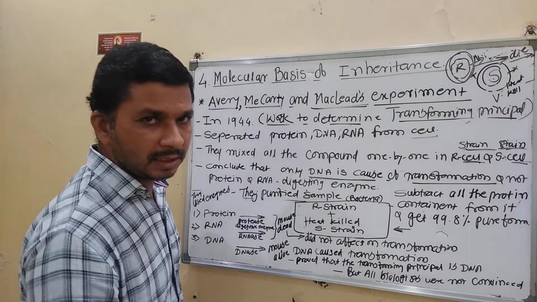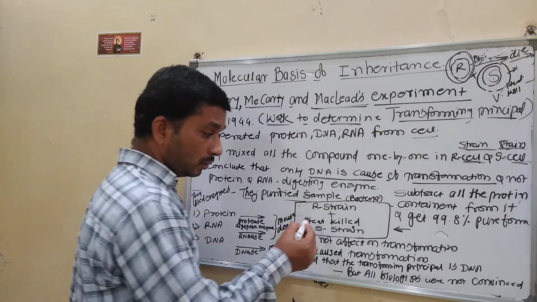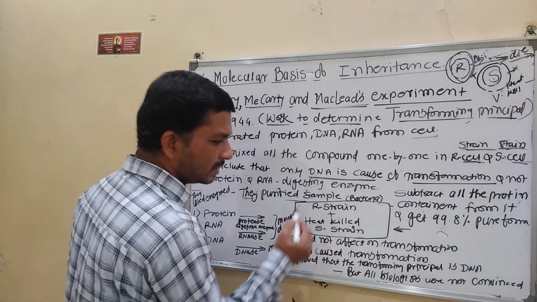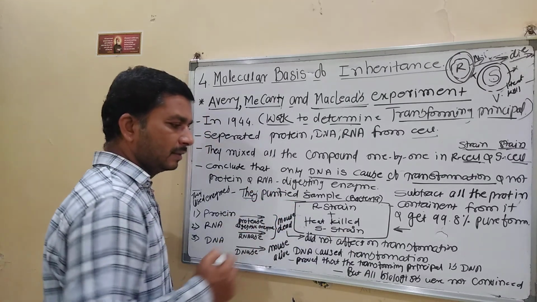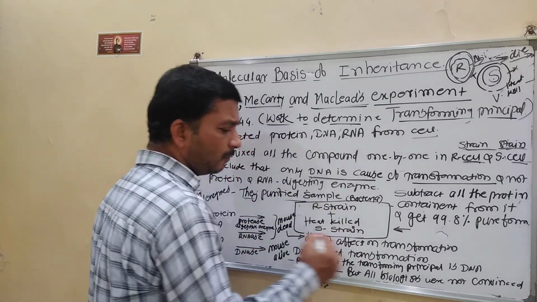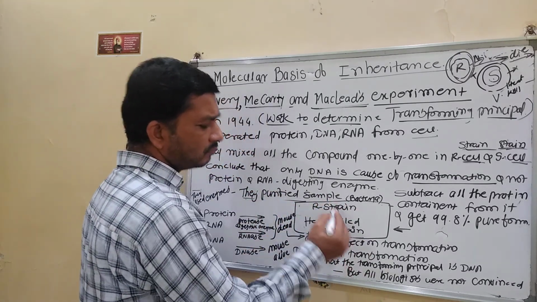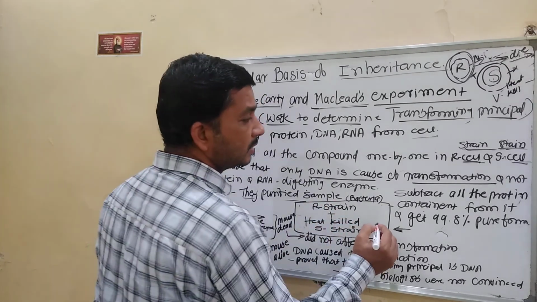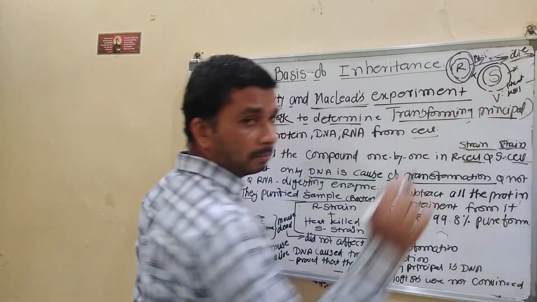In the Griffith experiment, we knew the character of this mixture of R strain and heat killed S strain: its nature is to kill the mice.